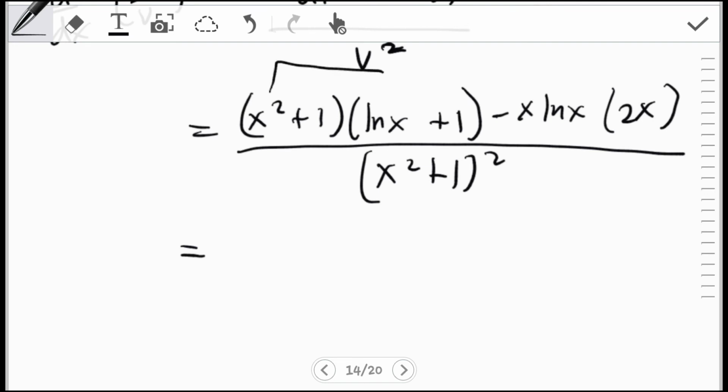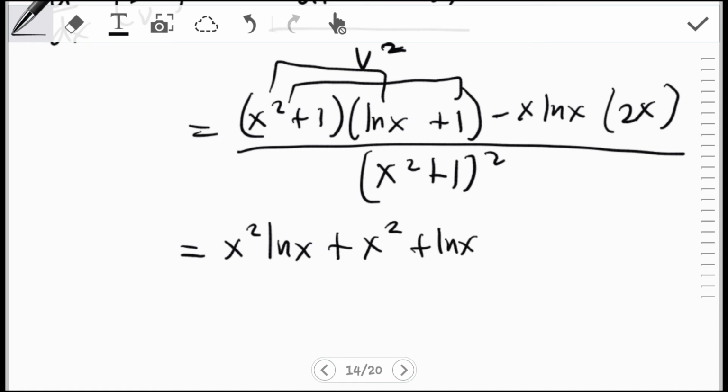So x squared times ln x, that is x squared ln x, then x squared times x plus x squared, then 1 times ln x plus ln x, and 1 times 1 plus 1 minus 2x squared ln x. Okay.